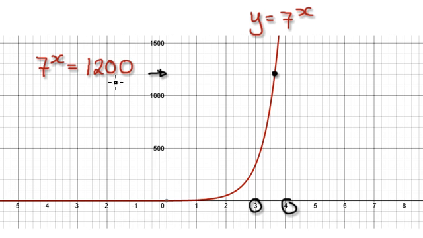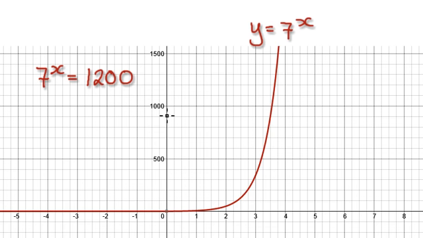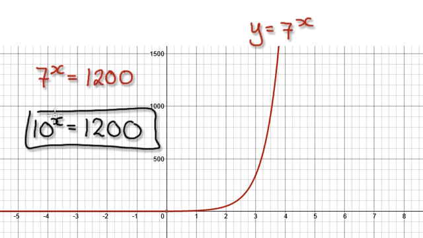But you can't use your log button here, because if you have something like this, if you have 10 to the power of what equals 1200, whatever here, then this one here, you can use your log button.